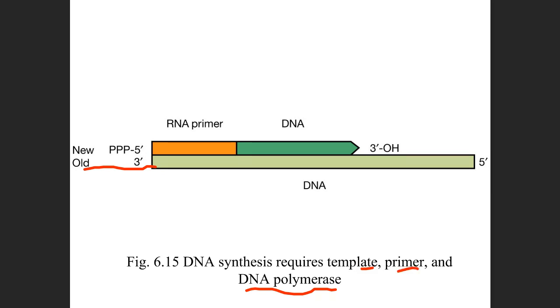So it needs a primer so that you can make new DNA, and it needs a template. So the DNA polymerase will only extend based on the template so that it will match what base pair is there.